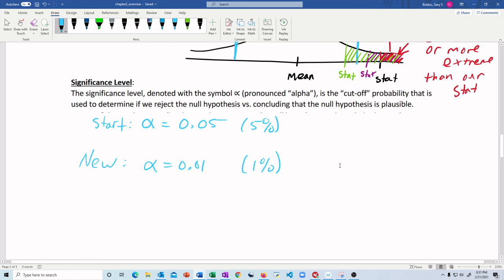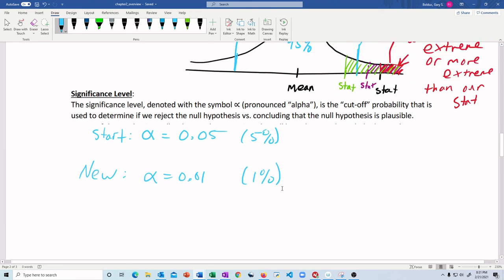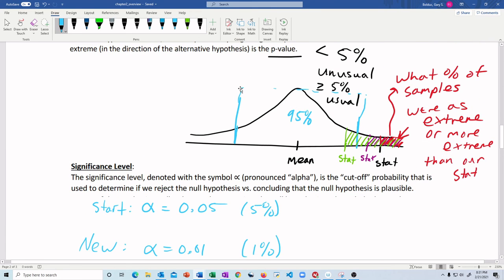And so we'll talk more about this. It's really not too bad to dive through, but it basically is us taking that picture that we have here and that 95%, 5%, and saying, instead of driving those nails into the ground so that it's usual 95% inside, 5% unusual outside, we're just moving the goalpost a little bit for alpha. Okay, if I make alpha smaller, like I did in my example there, I move the goalposts out wider.